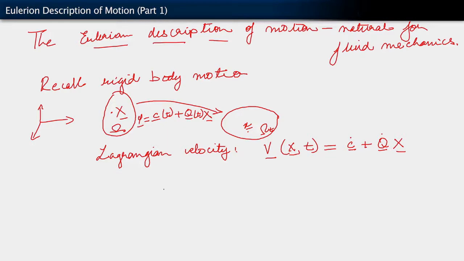Okay, this is not at all difficult once we realize that phi of X comma time is actually little x itself, which for this rigid motion is c plus q X. We're going to use this relation to invert the description of motion to write X equals q inverse times little x minus c.